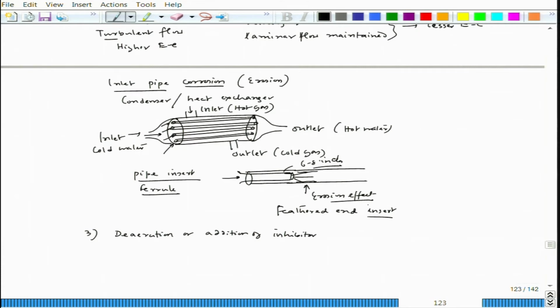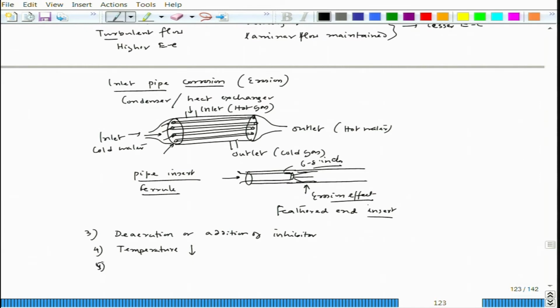Because of the high speed, the inhibitor can be taken to every place and then corrosion protection can be obtained. Okay. Then temperature. Temperature can be reduced so that the erosion corrosion effect can be controlled to a great extent.